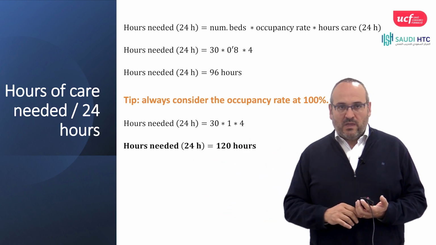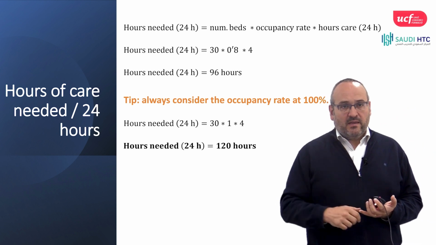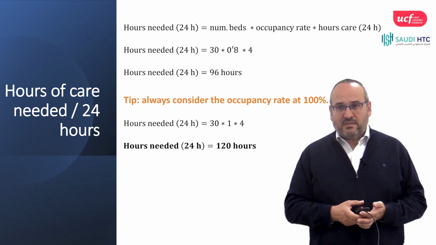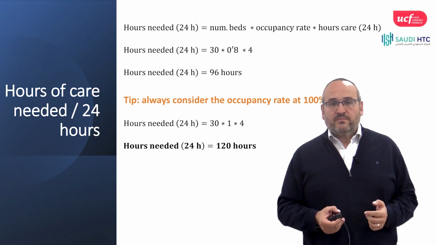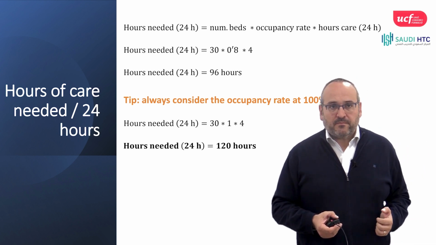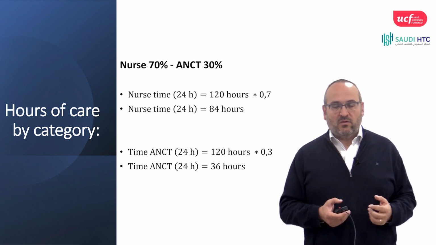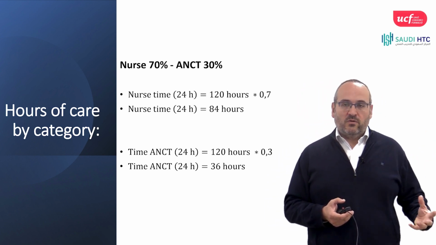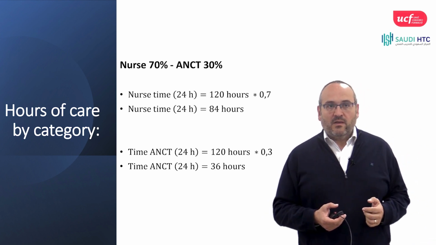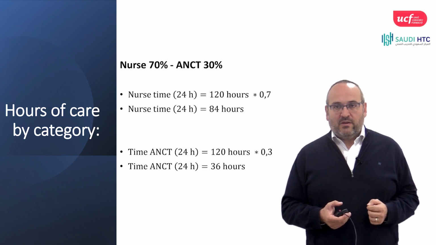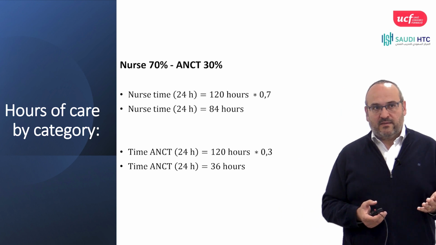Well, when calculating staffing of a care unit, always consider 100% occupancy in all cases. In the event that we have a surplus of nursing or auxiliary nursing hours, we will see how to manage it, but we should always consider 100% occupancy. Having made this correction, we obtained that the necessary working hours in that unit would be 120 working hours in a day.